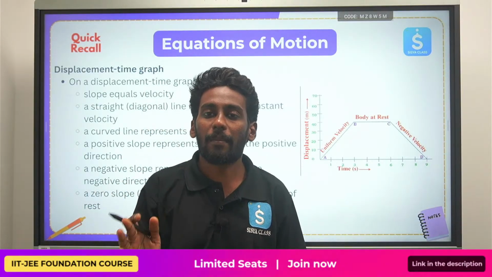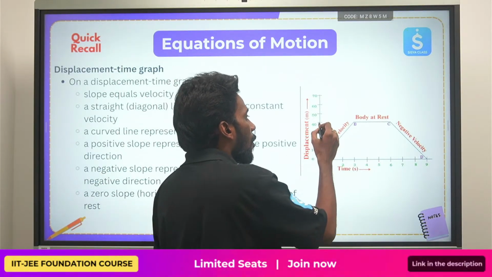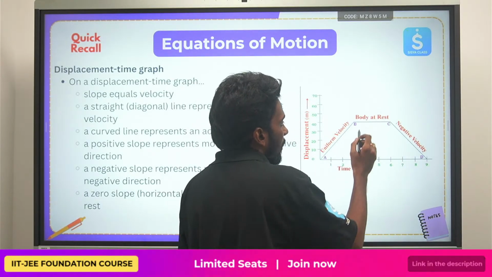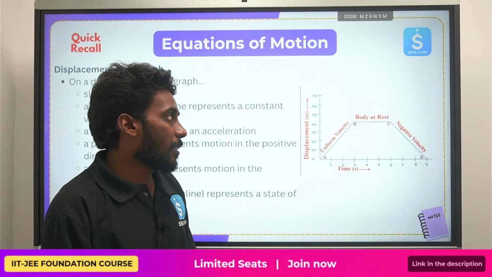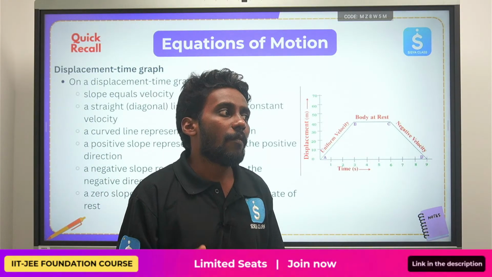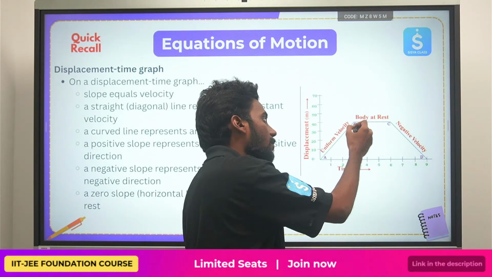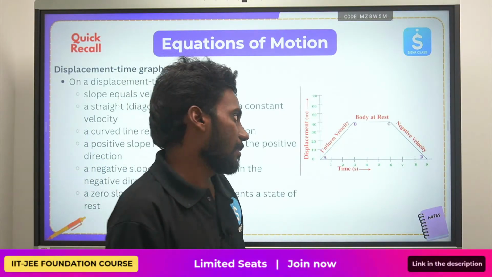The position remained constant throughout the time period, and the body is said to be at rest. So what will the velocity be now? When the object's position is fixed and the object is not moving, its velocity would be completely zero in this case.